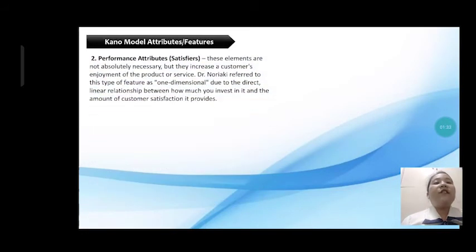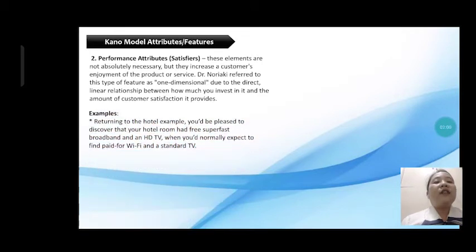Another feature of the Kano model is the performance attributes, or the satisfiers. These elements are not absolutely necessary, but they increase a customer's enjoyment of the product or service. Dr. Noriaki referred to this type of feature as one-dimensional due to the direct linear relationship between how much you invest in it and the amount of customer satisfaction it provides.